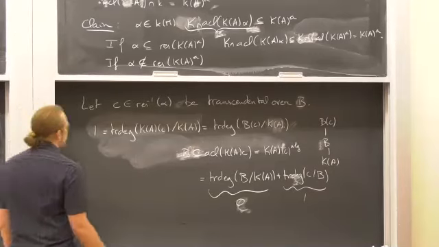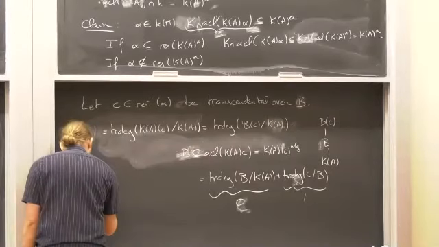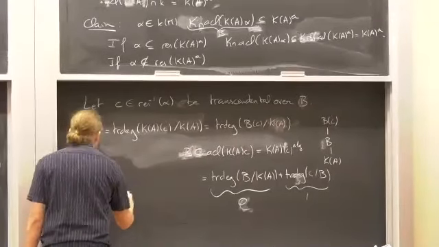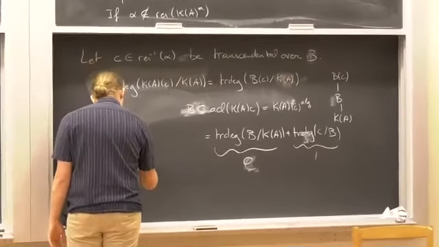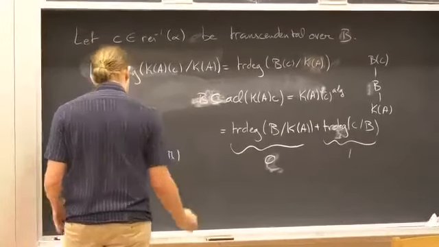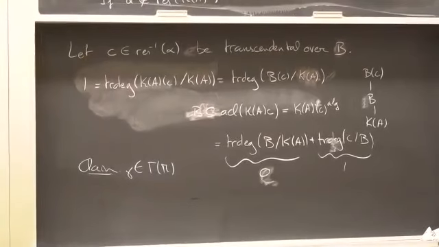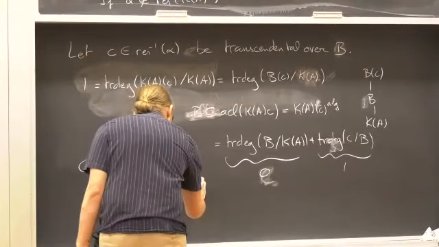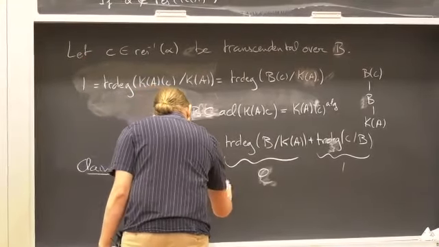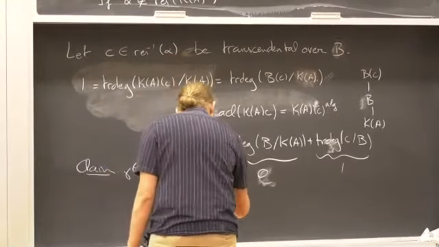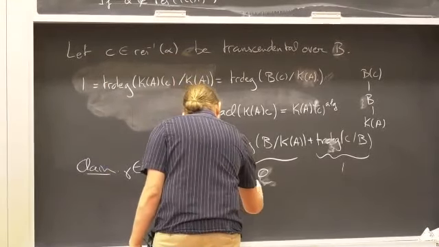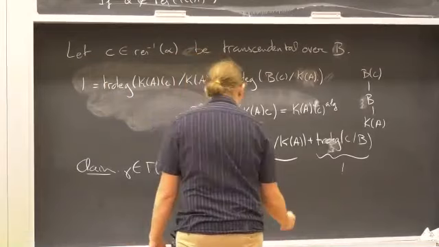Okay, and so same claim and with the same proof. If gamma is in gamma of M, then K intersects ACL of KA gamma is included in KL.